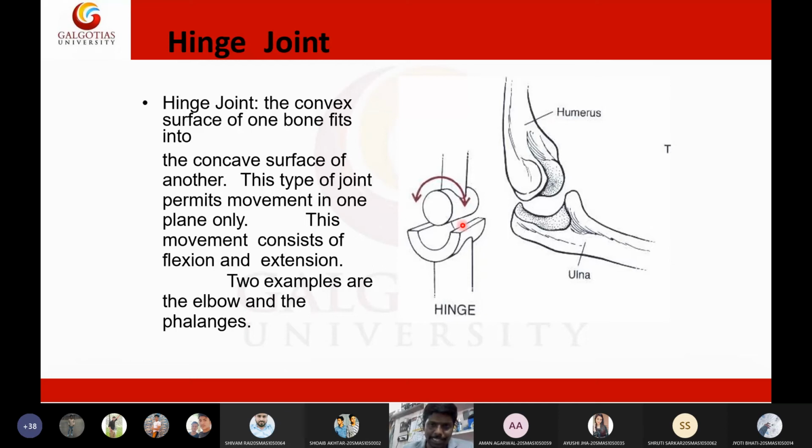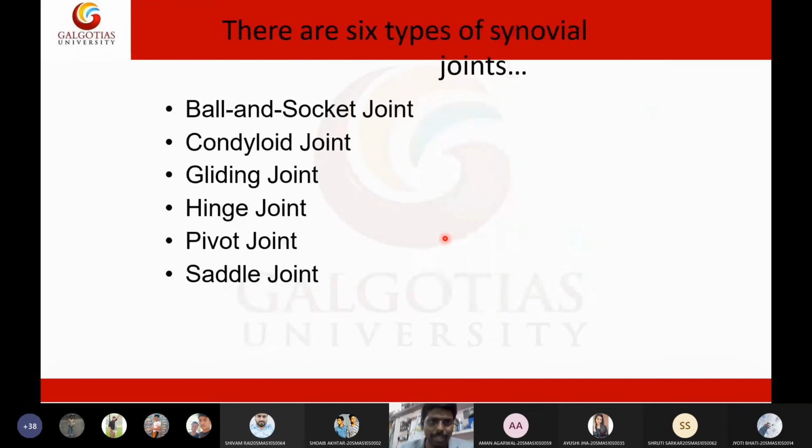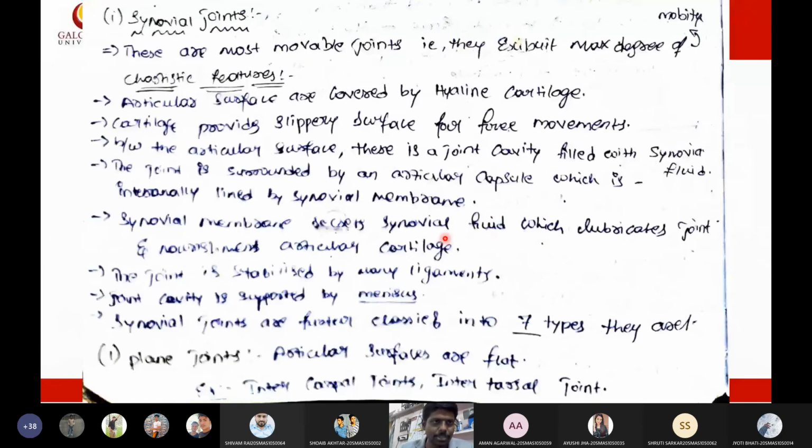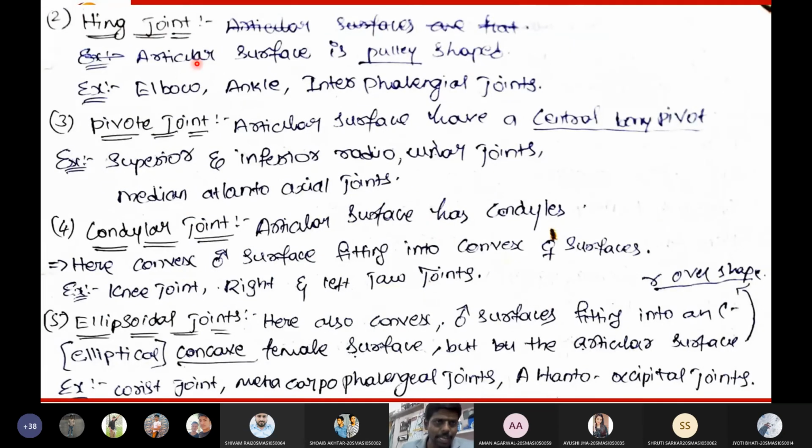So this is the hinge joint, and one example of a hinge joint is between the ulna and humerus. Let me see other examples of hinge joints here. Hinge joints are present in the elbow, ankle, and interphalangeal joints.